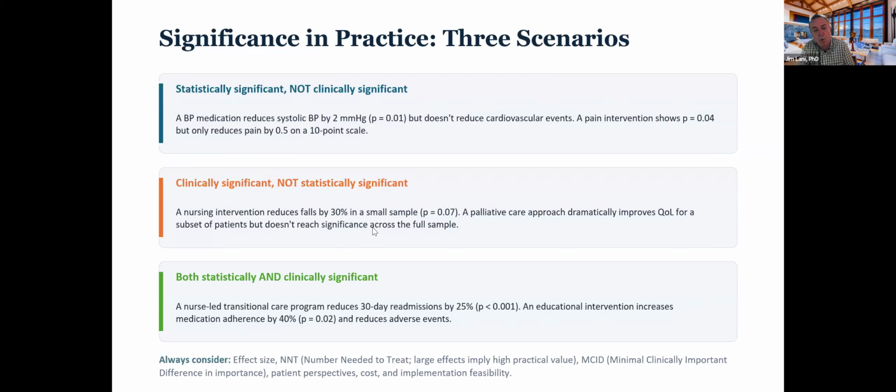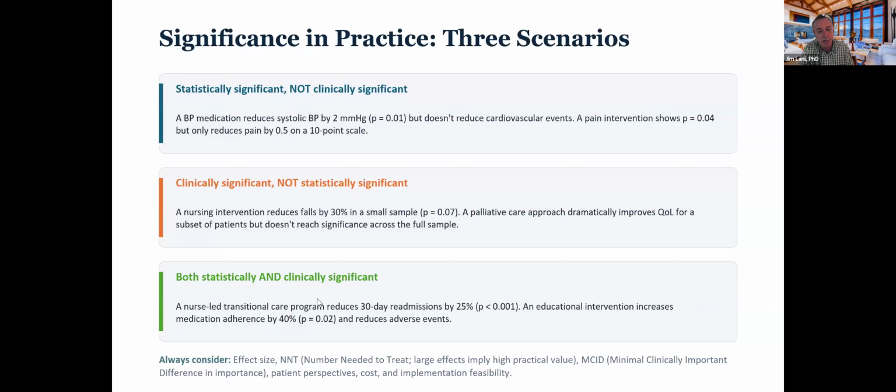So all the more important to actually look at the clinical significance of it, because maybe fall rates were reduced by 30%. That means a heck of a lot to those 30% of patients that are not falling. By the way, major problem, right? A major problem in hospitals, major problem for their financial, and major problems for the patients, of course.